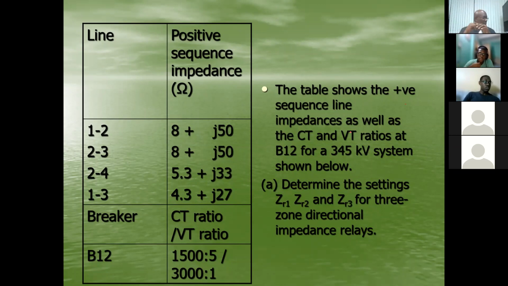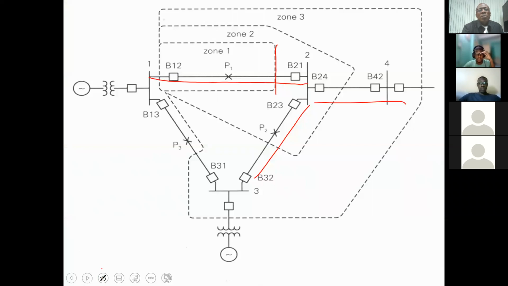Okay, so let us say the impedance, we're looking at B12. All right. So we're looking at the relay at that point. So we're looking at line 1, 2. Let me erase that.